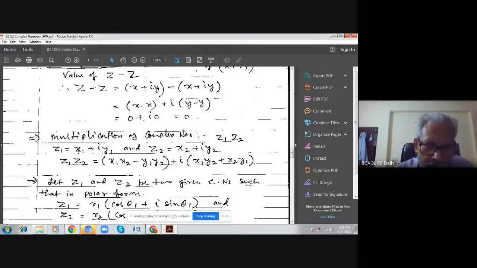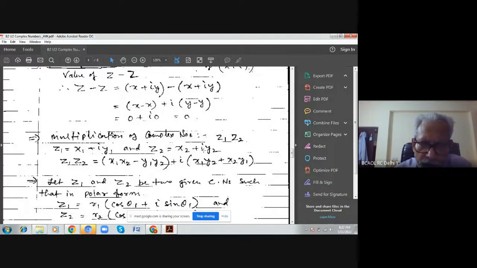So x1 and x2 you put on one side, then give a minus y1 and y2 on the other side, plus iota, again the same thing, x1 iota, here is also iota, here is also iota.